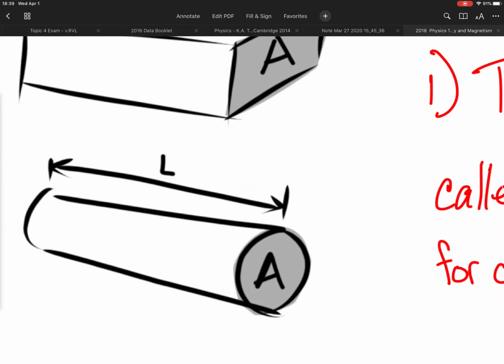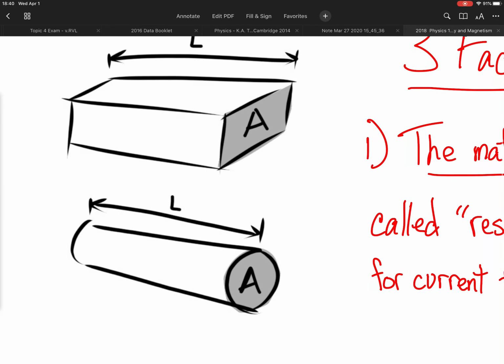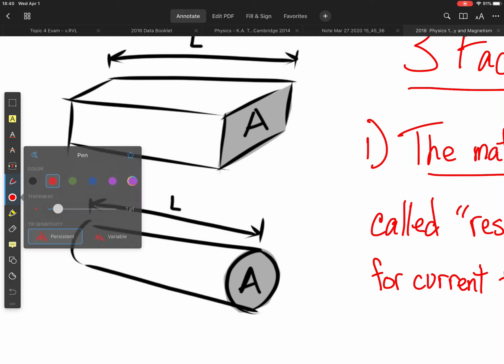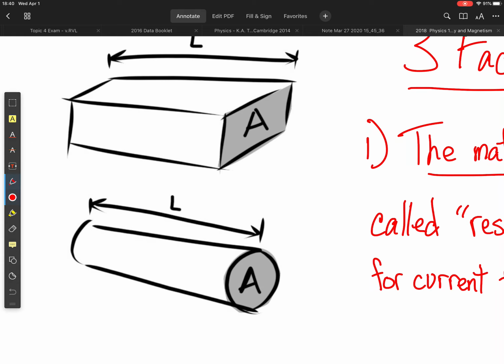So what we mean by that is if you apply a voltage to both ends of this conductor, so if you imagine that here you have positive potential difference and a negative potential difference over here, what we're looking at then is this cross-sectional area and how it affects resistance.